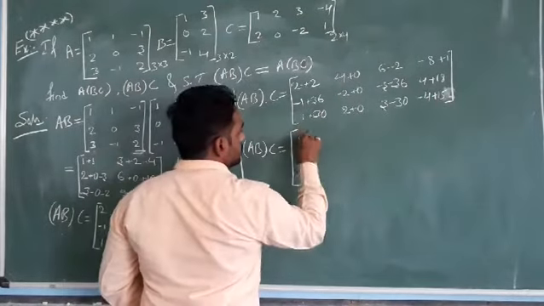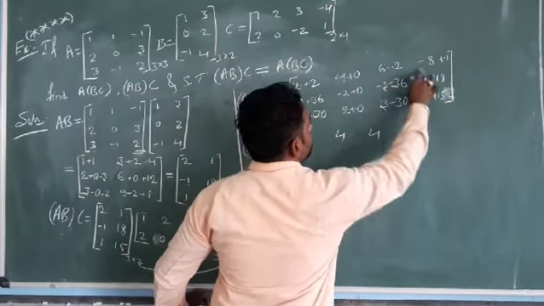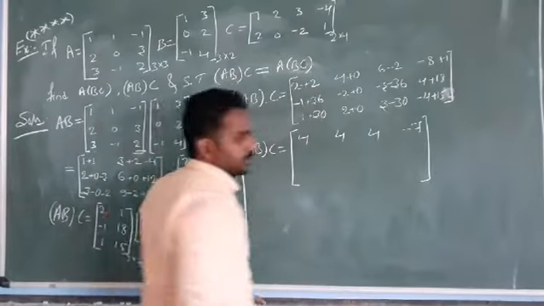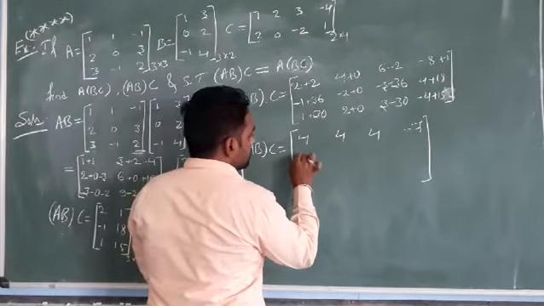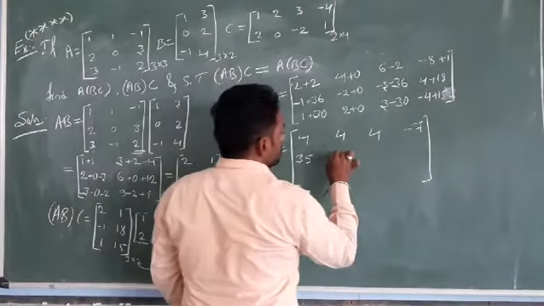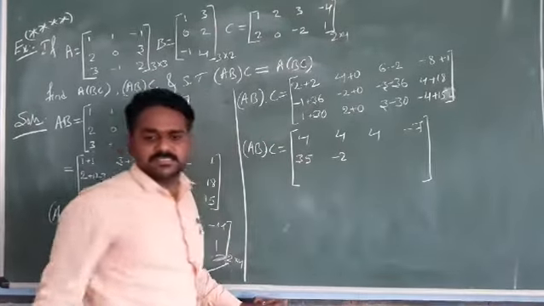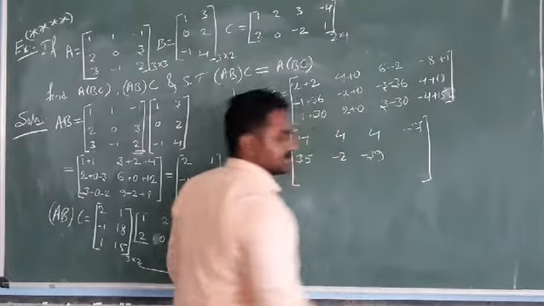2 plus 2, that is 4. 4 plus 0, 4. 6 minus 2, 4. Minus 8 plus 1, that is minus 7. Next, minus 1 plus 36, 35. Minus 2 plus 0, that is minus 2. Minus 3 minus 36, that is minus 39.